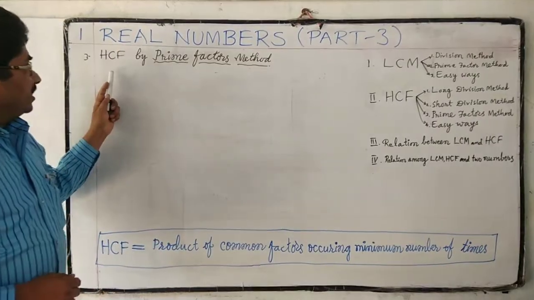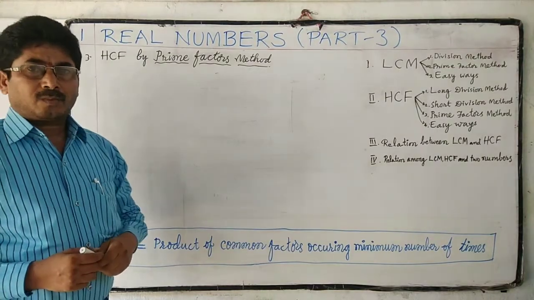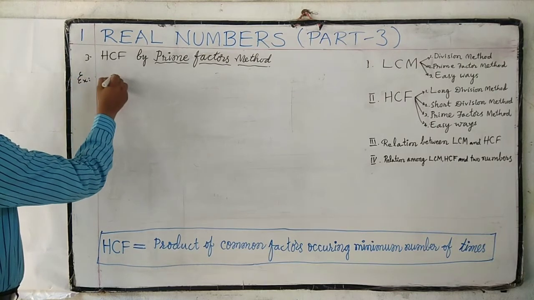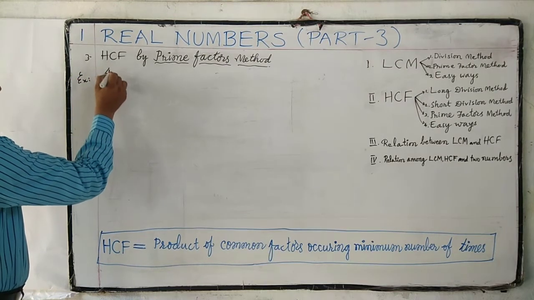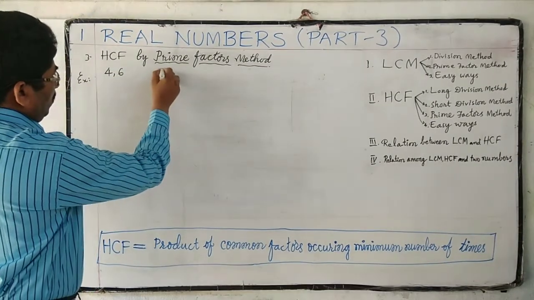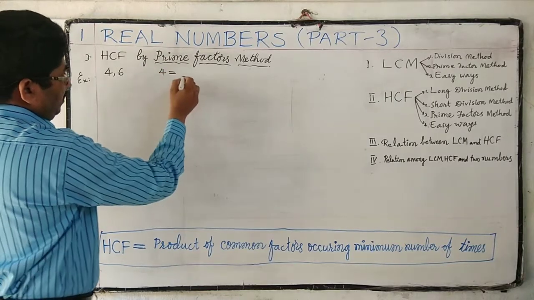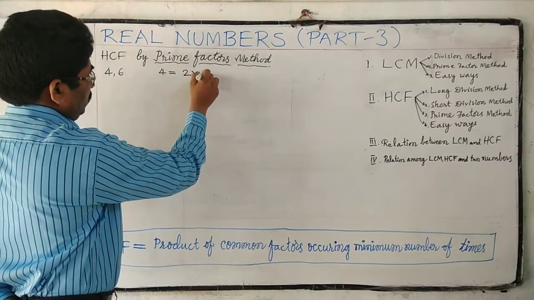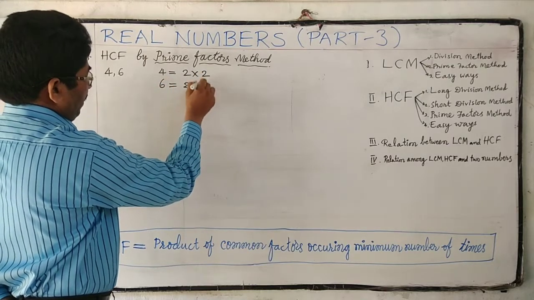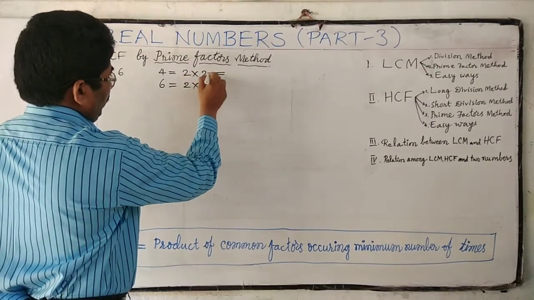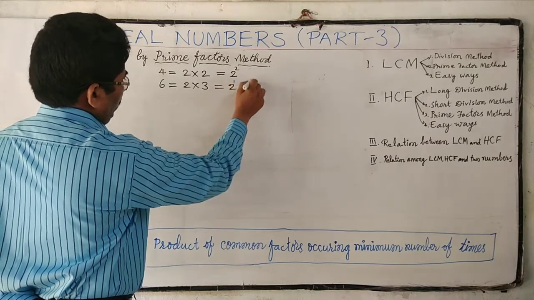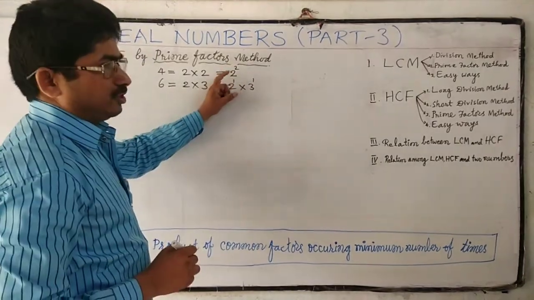Next, HCF by prime factors method. Example, HCF of 4 and 6. 4 is equal to 2 twos. 6 is equal to 2 threes. 2 into 2 is 2 square, and 2 to the power 1 into 3 to the power 1. This is the exponential form.